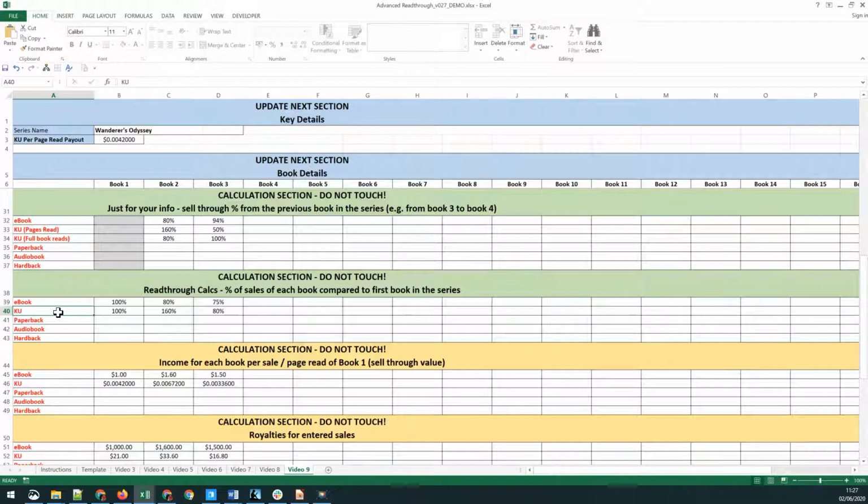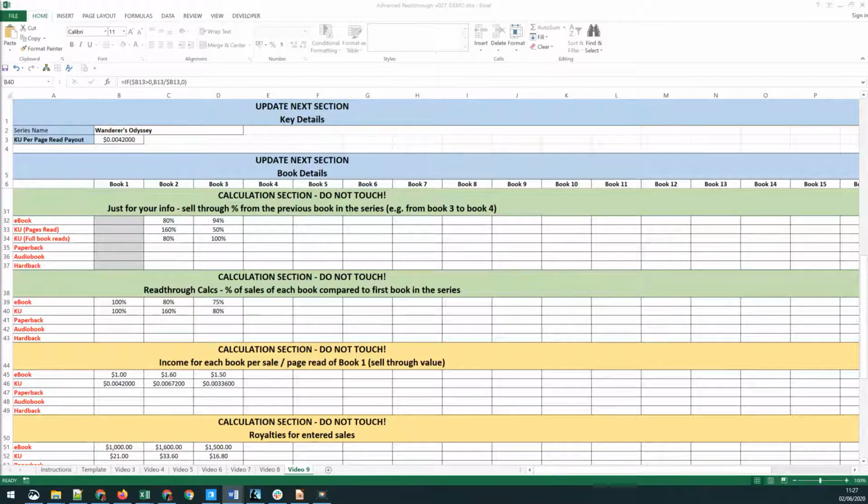So here we just say KU because we're only doing the percentage of sales, in this case, or percentage of pages read. So we do want that 160%, and then we see 80%, and that's going from KU book 1 to book 3, so page reads. So there are 80% as many page reads for book 3 as there are for book 1. Okay, hopefully that will make sense.